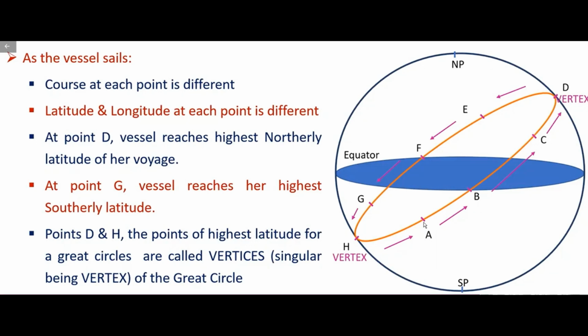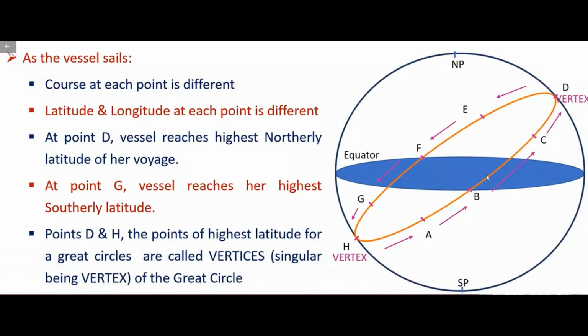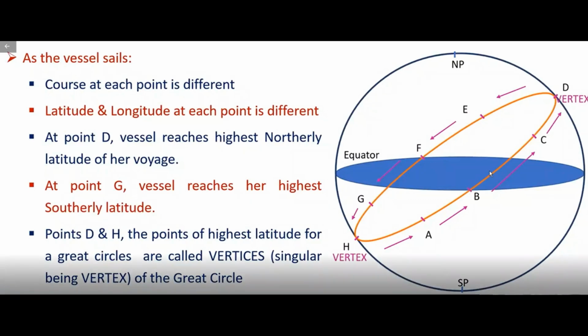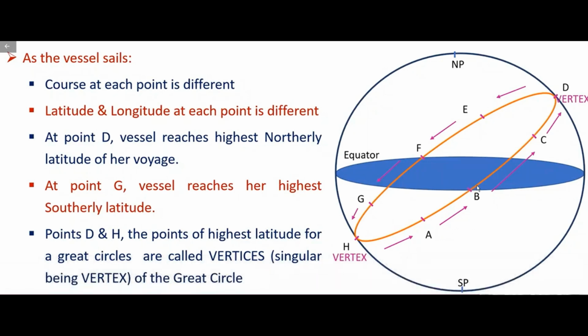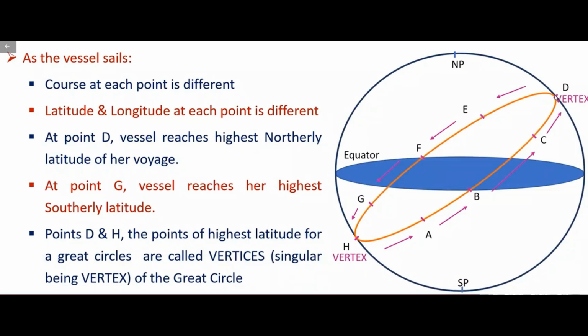Just to give you an idea, when the ship is at point B, you can see that the course of the ship will be somewhere in the northeasterly quadrant. We can assume that the course is 045 when the ship is at point B. Now, as it approaches ahead on the great circle track and reaches point D, the course will be 090.